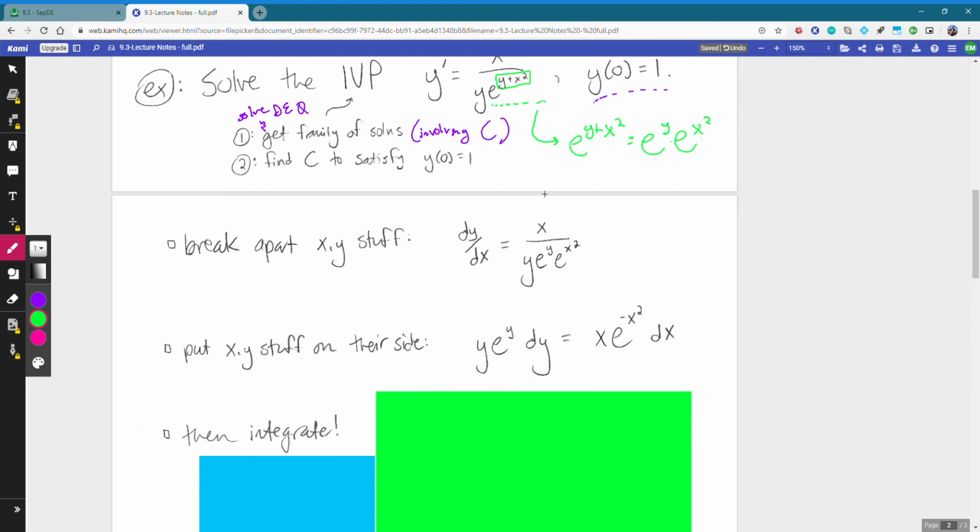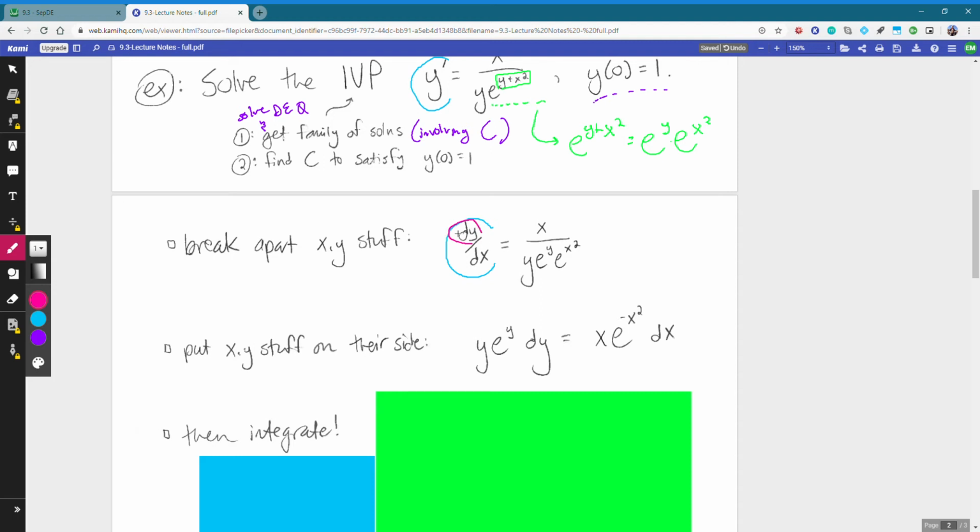All right, so here I've taken our y prime on the left-hand side and just rewritten that as dy dx for the sake of doing this separable diffeq process. So now the idea, recall, is to take our y stuff, and dy stays where it is since it's in the numerator, on the ground floor.